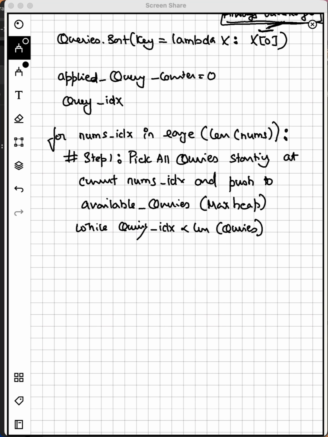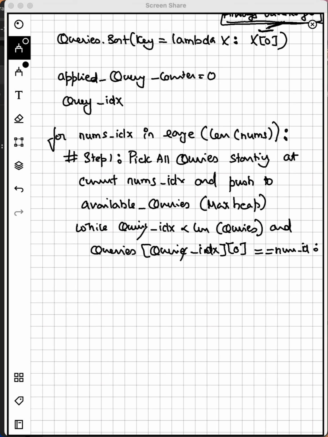Alright, so once all of that is available, now we are checking if the queries are still there and the query idx of 0 is equal to nums idx. That means we have a new range which is starting from this particular nums index.